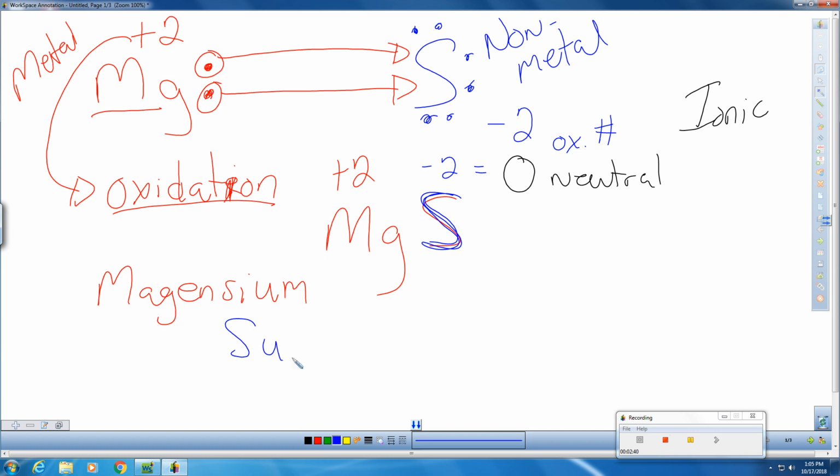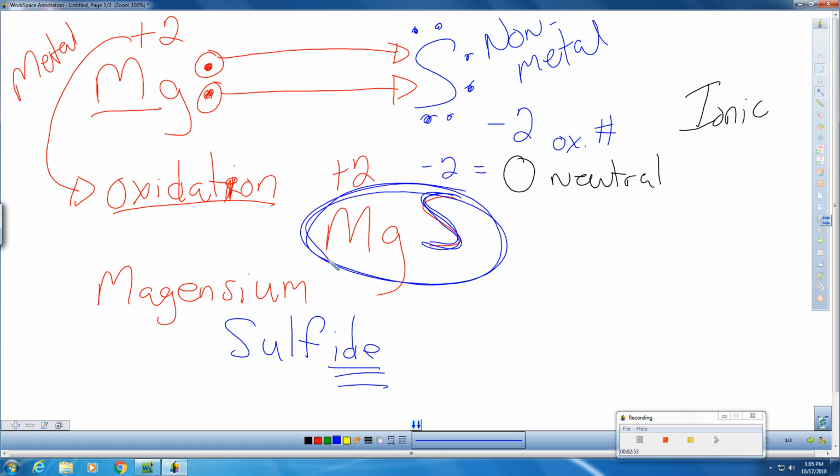We are going to start to write the name out, but then we are going to take off the last few letters and add the IDE ending. This compound right here is magnesium sulfide, because 2 electrons from magnesium go over to fill the 2 that sulfur needs, and the MgS is now called magnesium sulfide.